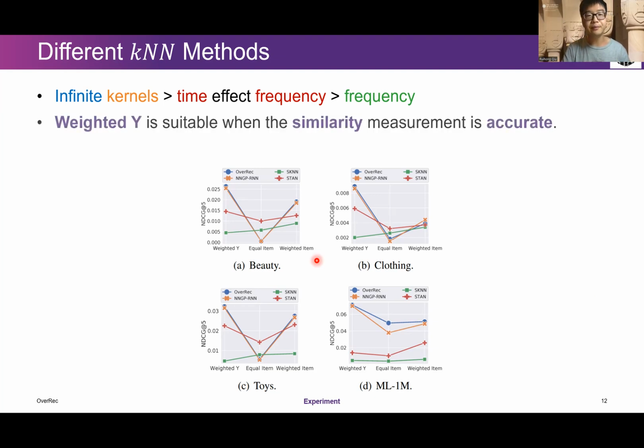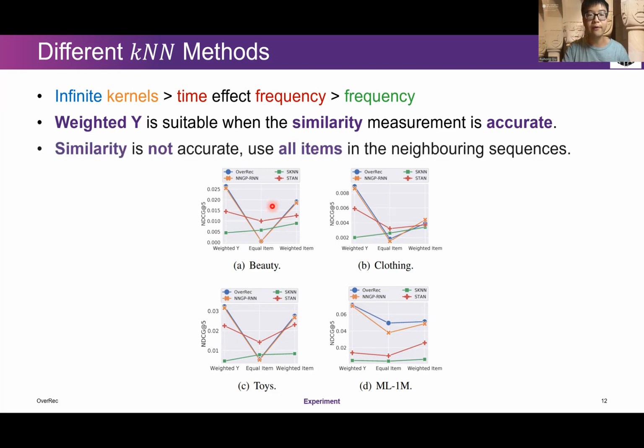And for the weighted item, they will further take the time situation into their prediction. So we can see that weighted Y is a very direct, straightforward method that simply uses the last item as the prediction, so it requires a more accurate similarity measurement. In our method, using weighted Y with the infinite neural network model can have a very high performance compared with other models. For all of these data sets, blue and orange lines have higher performance.